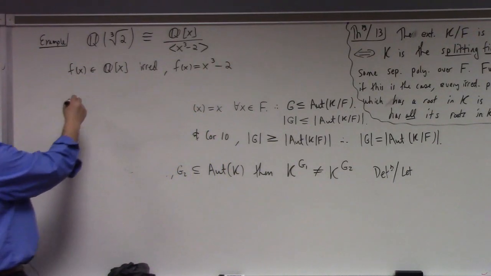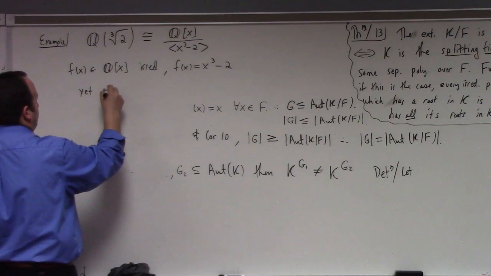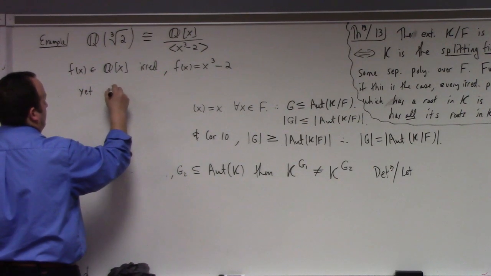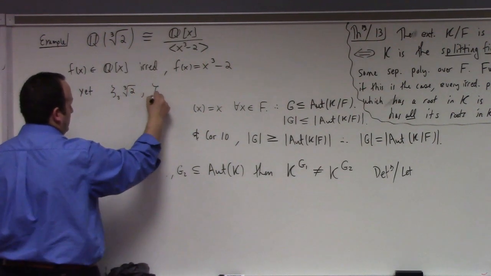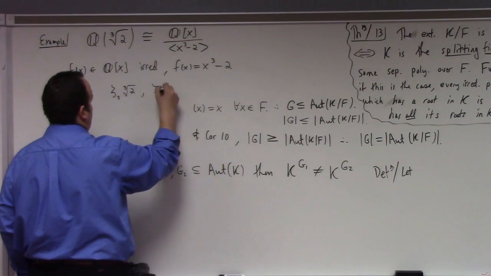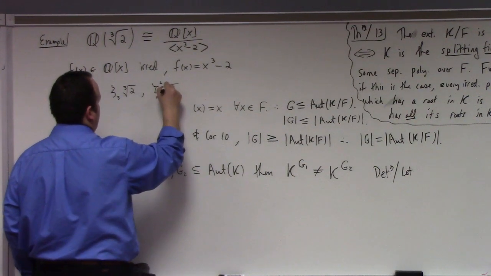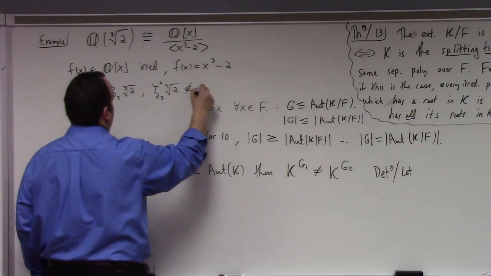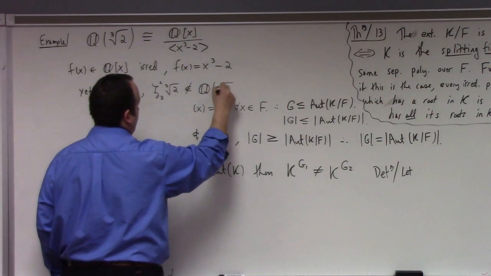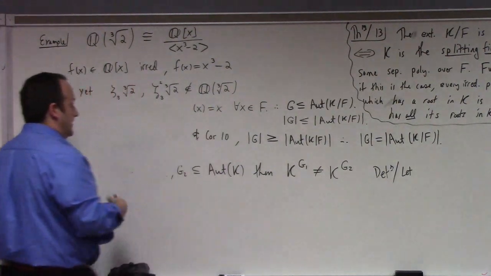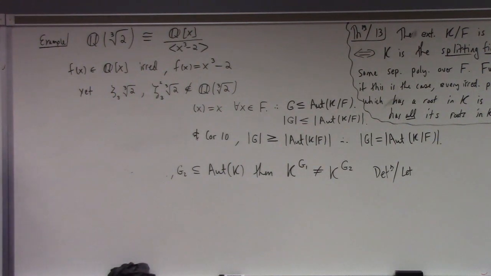Yet zeta 3 times the cube root of 2 and zeta 3 squared times the cube root of 2 are not elements of this extension over Q. And yet, they have to be, because those are the other roots of this irreducible polynomial.